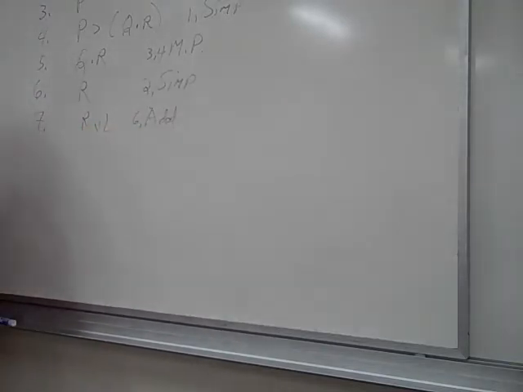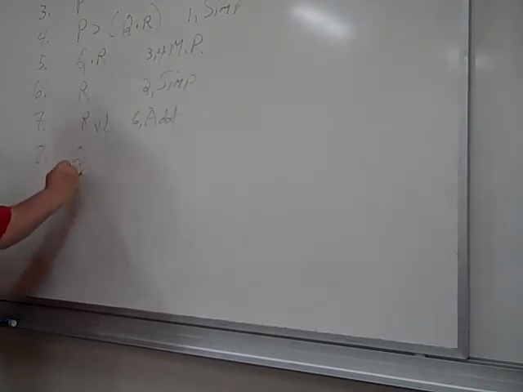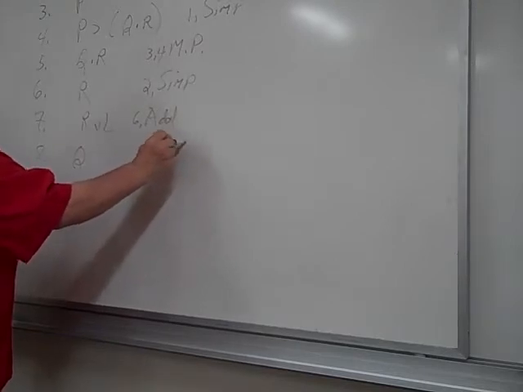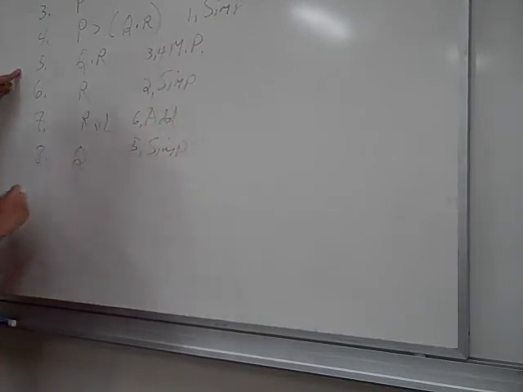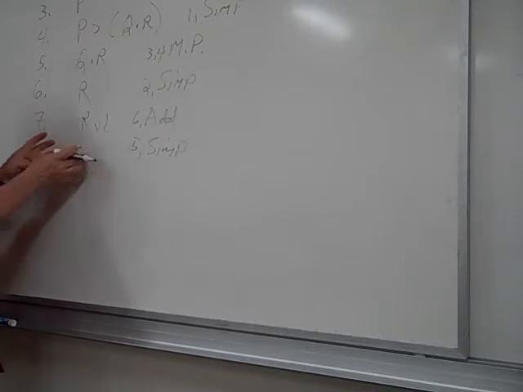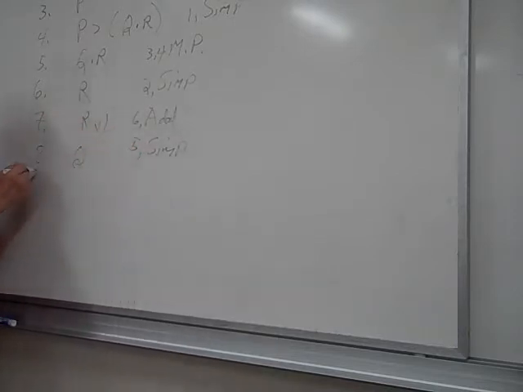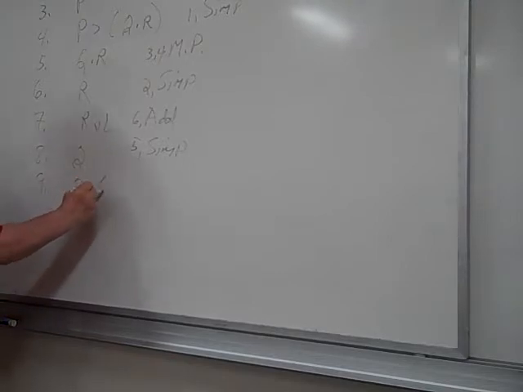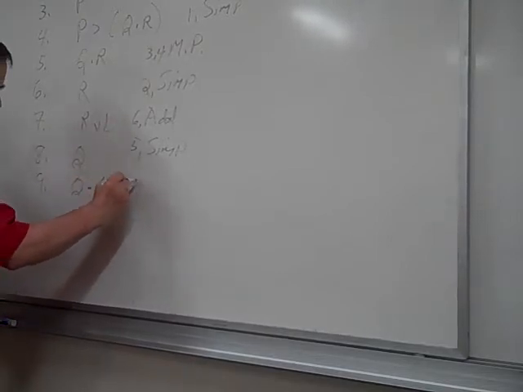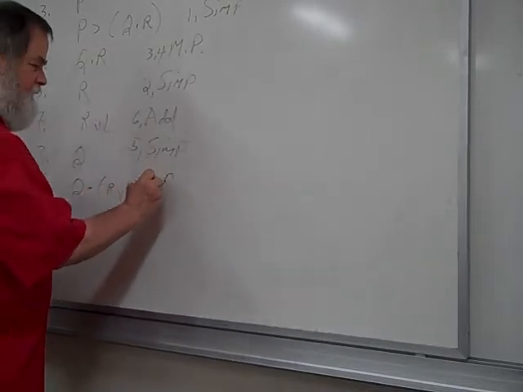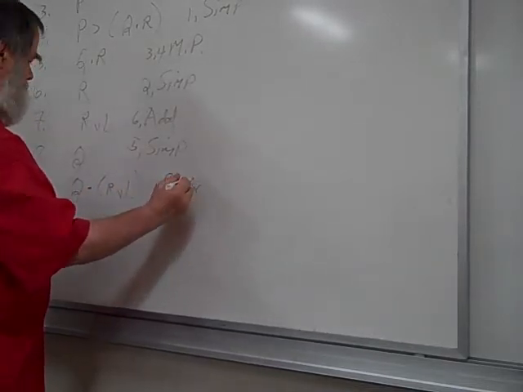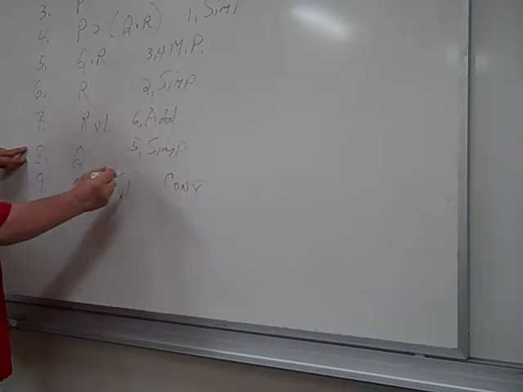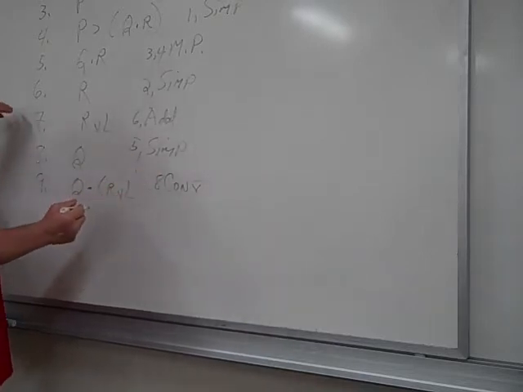And now, oh, I didn't get Q by itself. Let's get Q by itself. 5, simplification. And now I'll add Q and this. And that's just conjunction. 8 and 7.